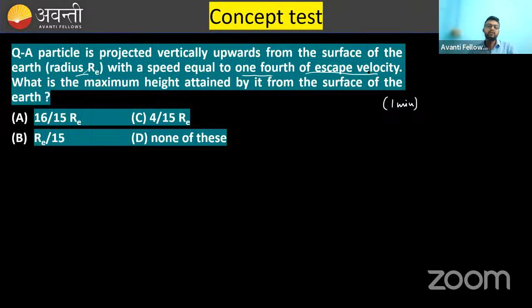In the previous question, the velocity was given as n times. Now the velocity is 1/4. What is the maximum height attained by it from the surface of the Earth? Give it a try for 1 minute, and after that, we will solve it. The time starts.